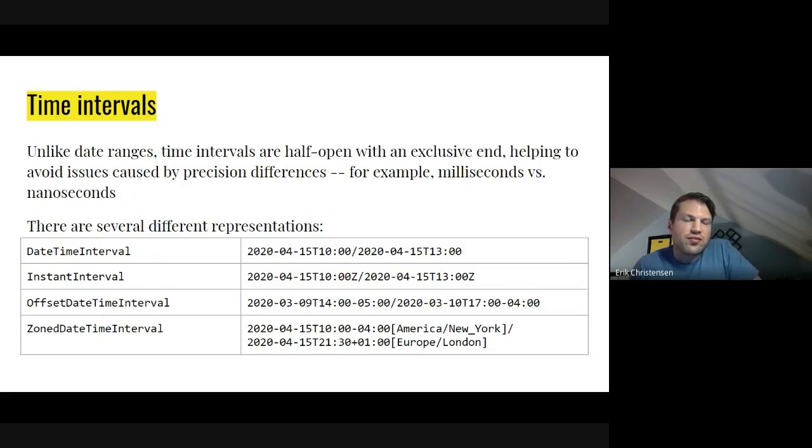Now, time intervals. Unlike date ranges, time intervals are half open with an exclusive end. And this is to help avoid some weird behavior. With dates, there's a natural unit of a day, but when you start expressing time, it becomes a question of the granularity at which you measure time. Island Time can represent times like Java down to the nanosecond.